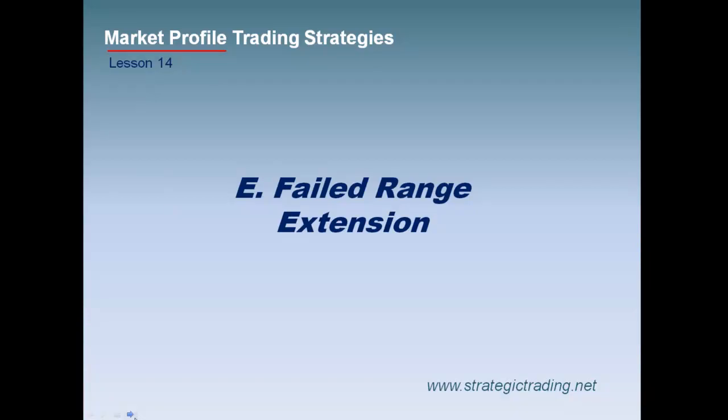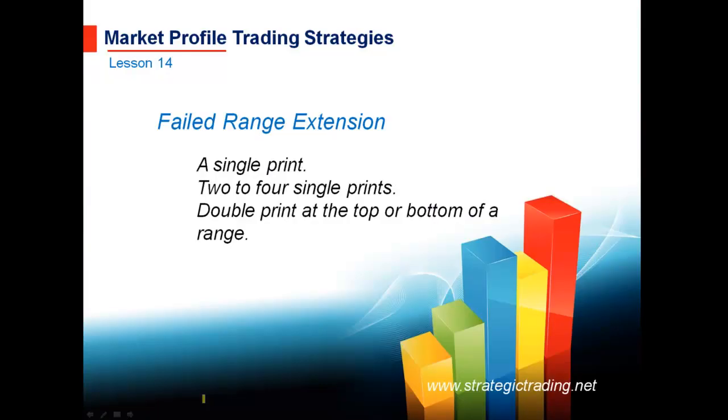All right, the last topic that we want to tackle together in our lesson today is a failed range extension. Now, a failed range extension could surface or appear on a profile chart in a number of different ways. It could be simply just a single print. It could be 2 to 4 single prints.